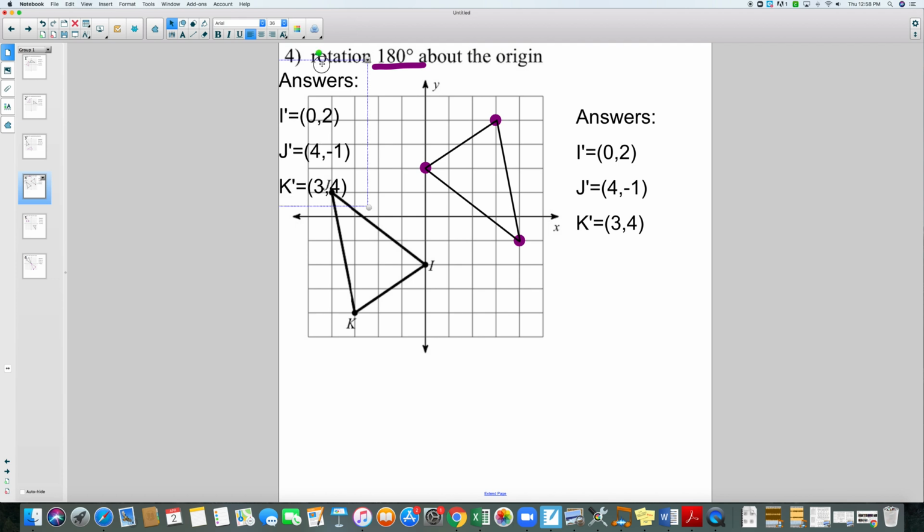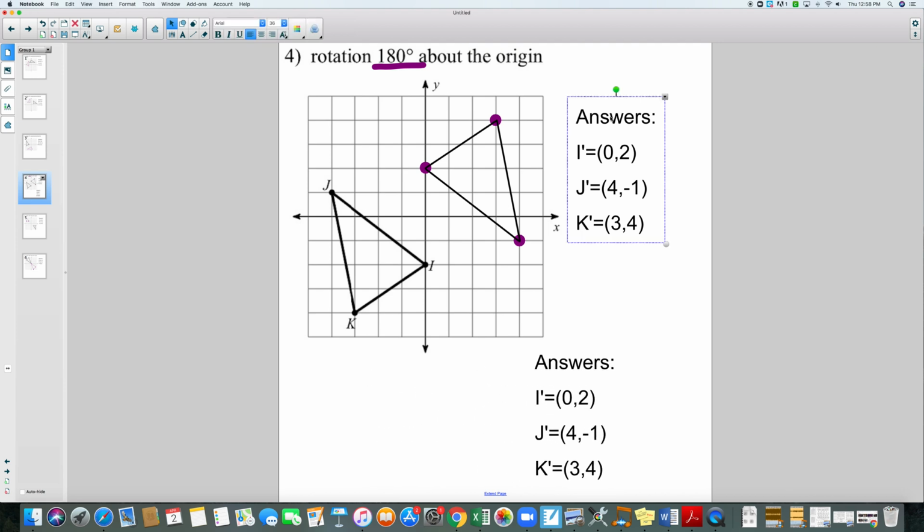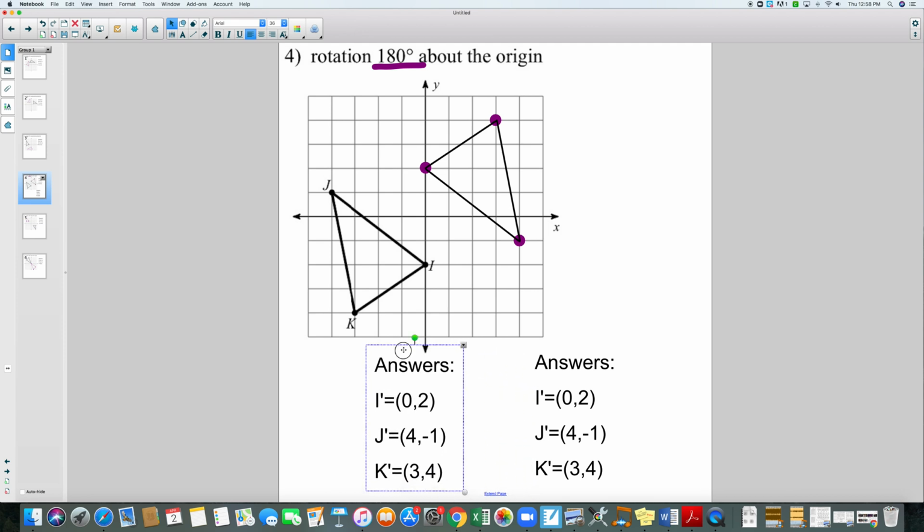Copy that. Bring it down here. So this is our prime numbers.